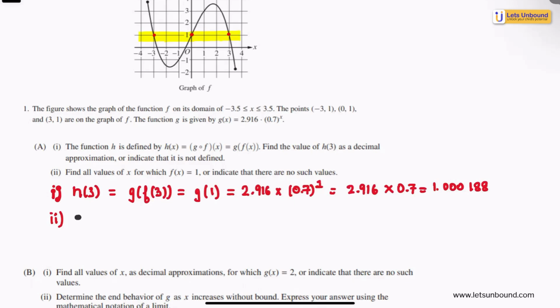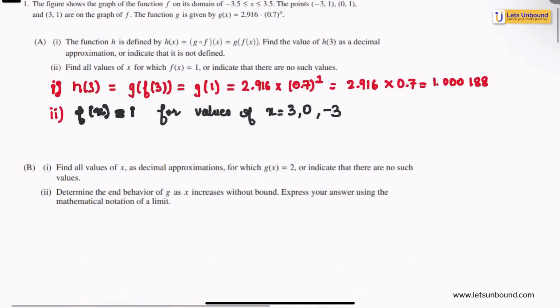So we can say f of x is equal to 1 for values of x equal to 3, 0 and negative 3. So these are the 3 values of x for which we are getting the values of f of x as 1. Let's read through the other parts of the question.